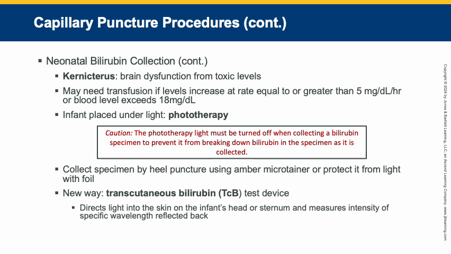You want to collect the specimens quickly to minimize exposure to light and protect them from light when you are transporting them to the lab. To reduce light exposure, collect the specimens in amber-colored micro collection containers. You want to avoid hemolysis, which could falsely decrease the bilirubin results.